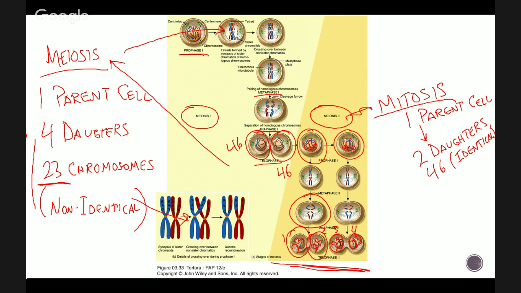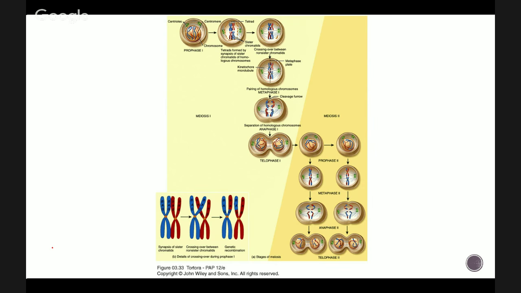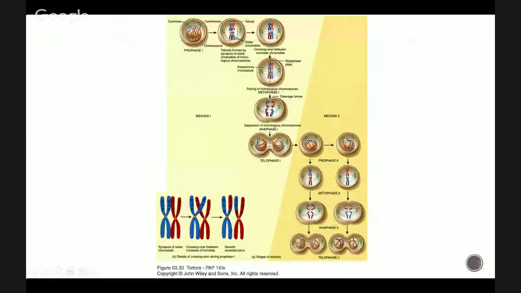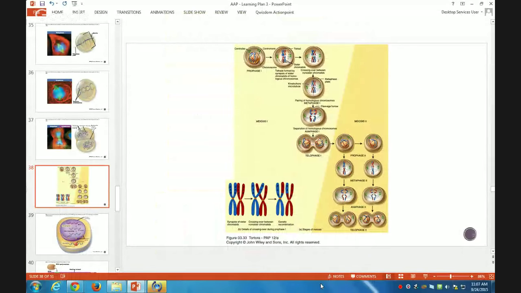Is that where you're stuck? Let me do a blank slide and we'll do it together. How about that? So mitosis starts first. Sort of. All cells go through both?